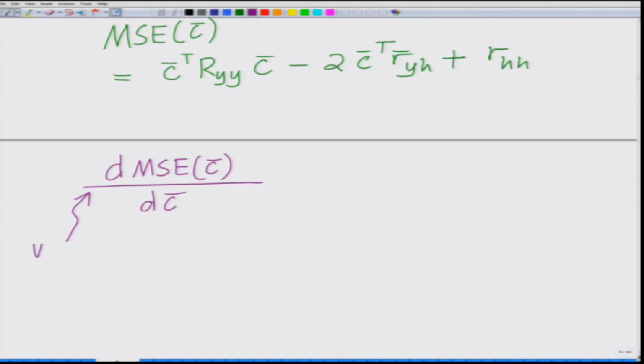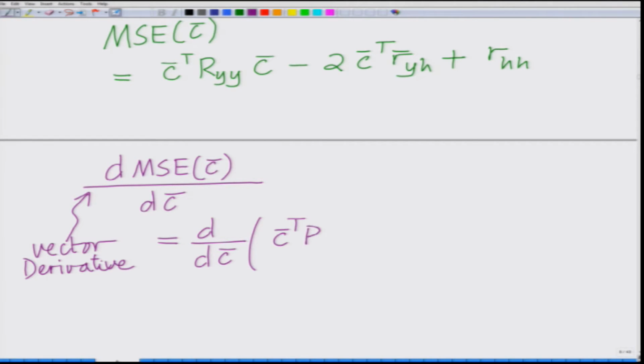with respect to the vector C bar. So, this is a vector derivative, also basically known as the gradient, okay. And this is equal to the derivative with respect to C bar of C bar transpose R yy C bar minus twice C bar transpose R bar yh plus R hh.